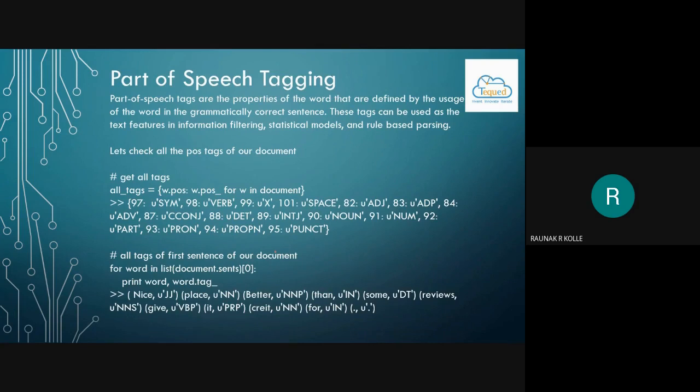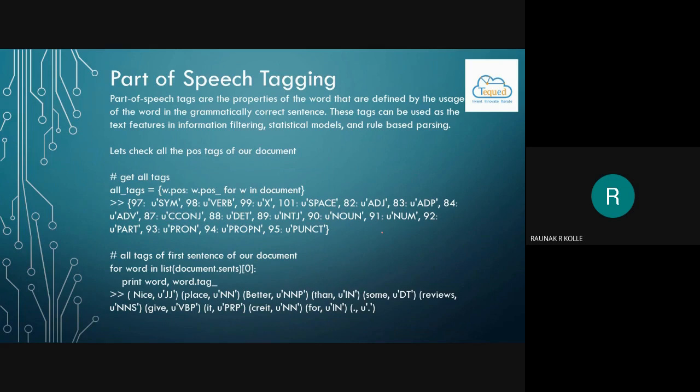Parts of speech tagging. Parts of speech tags are the properties of the word that are defined by the usage of the words in the grammatically correct sense.